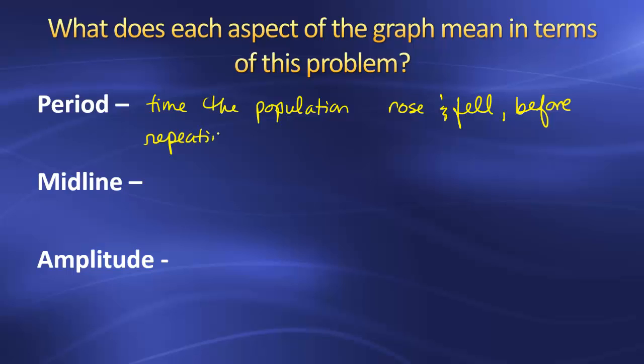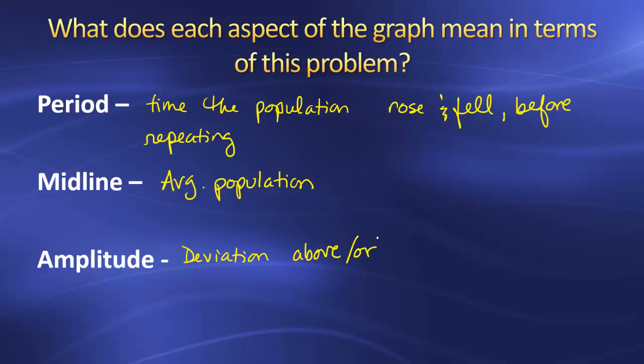One way you could say it is the time the population took to be at its lowest, go to its highest, and come back down to its lowest. Midline is your average population over one period. Amplitude is the max deviation above or below the average population. So that's just how it works in this case.